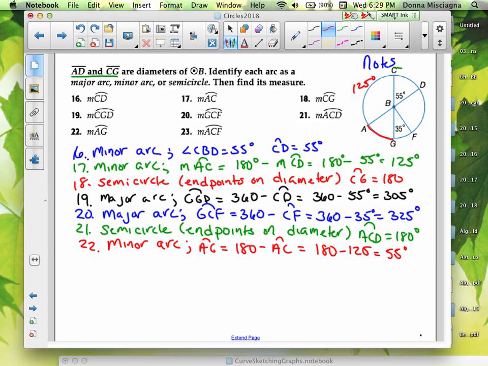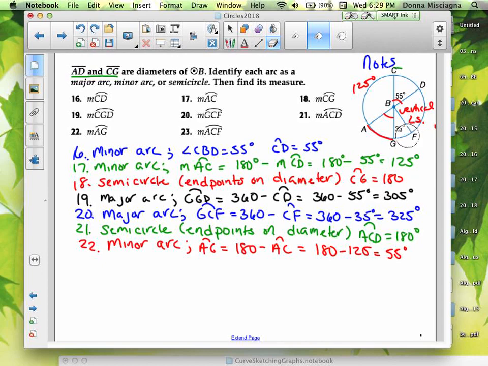Well, guess what? We have two intersecting diameters here. These end up being vertical angles as well. All right, so let's just write next to our diagram here. These are vertical angles, so they're going to be congruent. And we know they're vertical angles because they're formed by diameters.